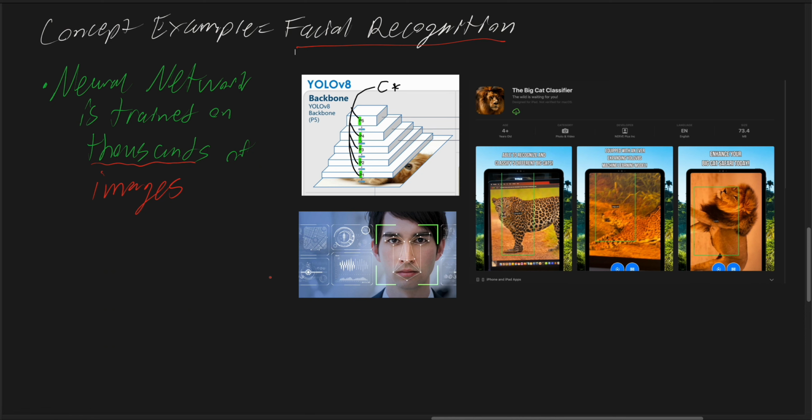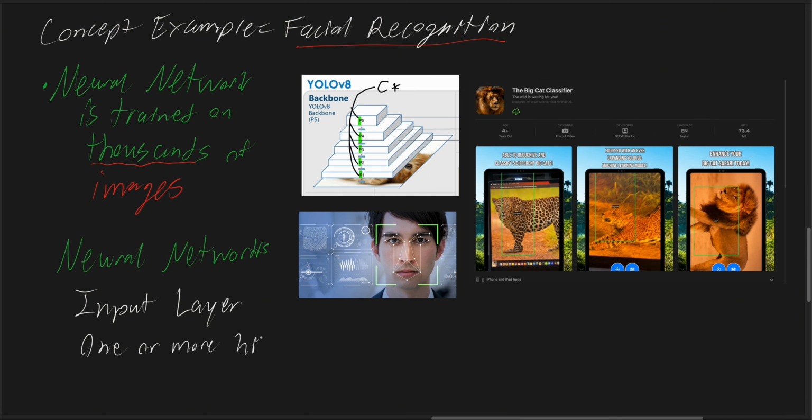So initially, and we all know for a fact that a neural network always has three parts to it. It always has the input layer, one or more hidden layers, and finally the output layer. And we all know that the input layer is where the data goes.